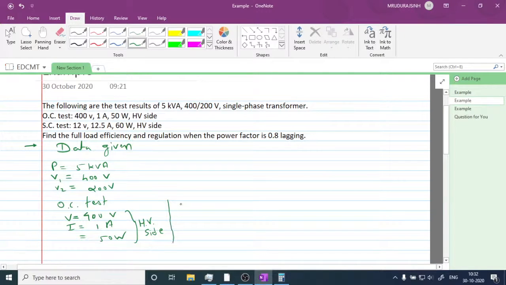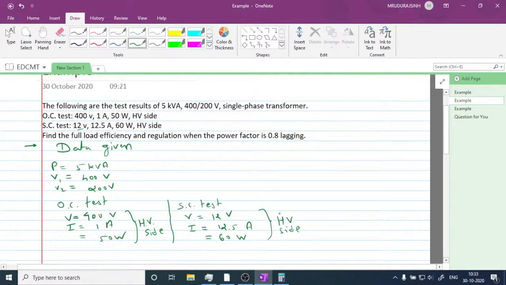And the next is SC test. So we'll write the data of SC test. The voltage is 12 volt. The current I is equal to 12.5 ampere. Sorry, it's not volt, it's ampere. And the power is 60 watt. And this data is also on HV side.